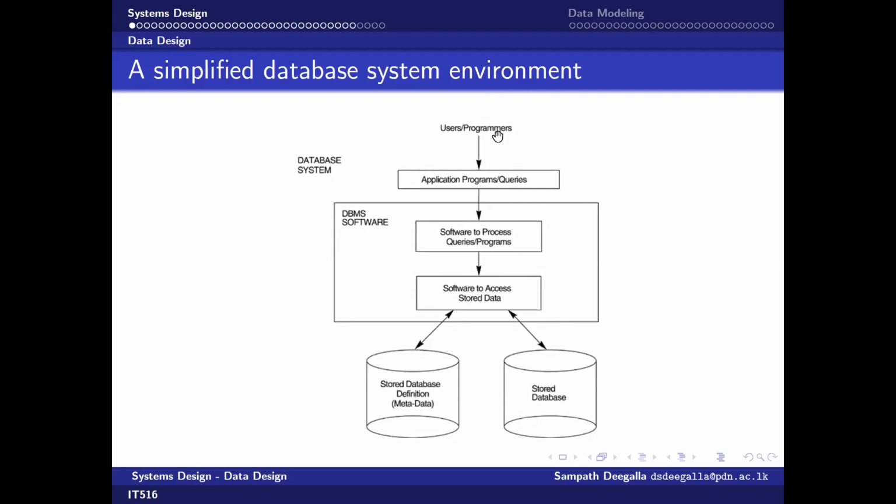Or if it is a programmer, then as a programmer you can directly write queries. So we need some software to process those queries. When it comes to processing, you have to access the database. For that, you have separate software to access stored data. When you say stored data, there are two parts: the actual data as well as data about data, which we call metadata. Everything together, we can say this is the database system.